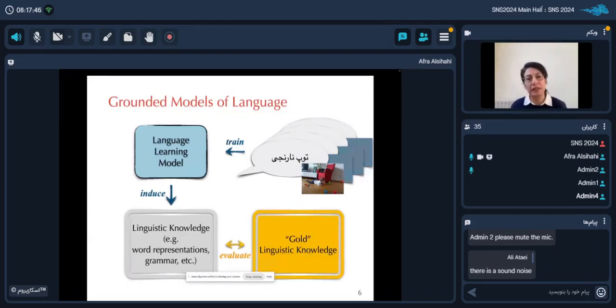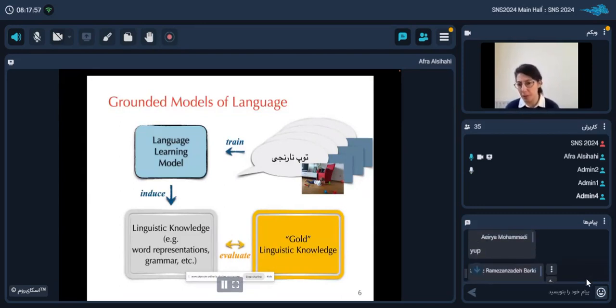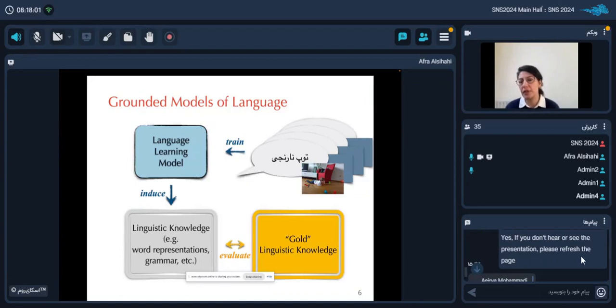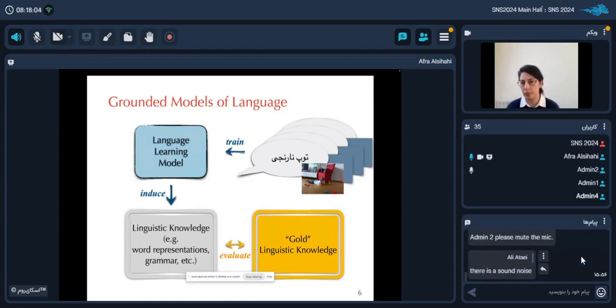Basically, we can keep our original framework. And the only change that we want to do is to associate some sort of a representation of the perceptual context with every sentence or every utterance that we are feeding to our model, right?